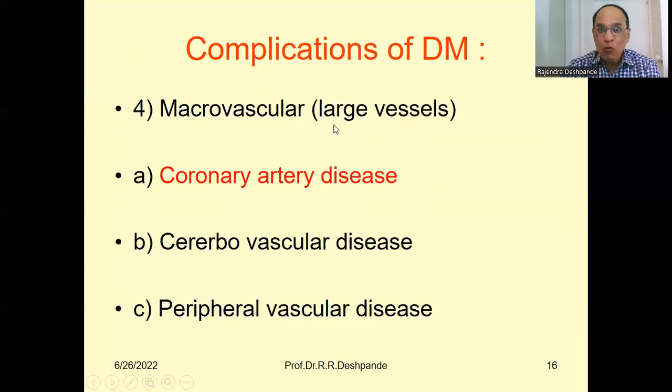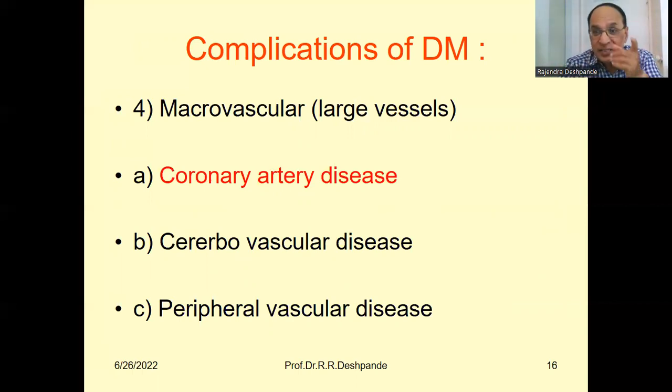Then macrovascular, large vessels are damaged: coronary artery disease, heart attack may be there. And especially in the diabetic patient, the problem is silent heart attack. Write down this word, silent heart attack. The patient may not complain of tightness and pain, only sweating will be there. If you are not careful, this may be a heart attack, but he will not complain like other heart attack patients.